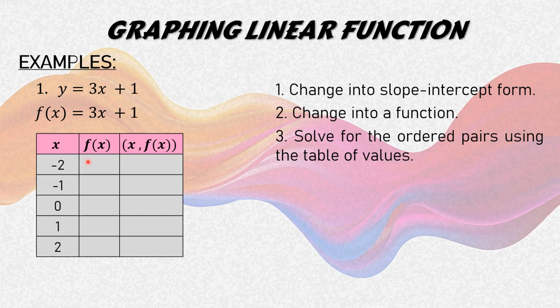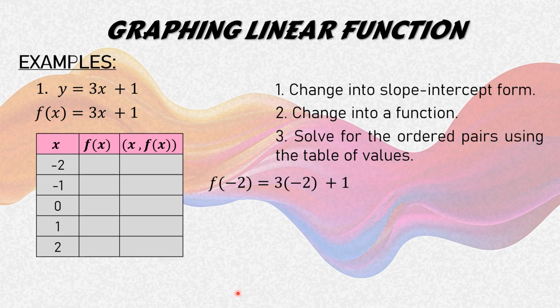So, para mahanap natin ang value ng f of x or yung value ng y, isa-substitute natin yung mga value ng x, sisimulan natin sa negative 2, dito sa ating equation. So, that is 3x plus 1. And then, yung makukuha nating value dito, pagtatabihin lang natin para makuha natin yung x, f of x, or yung ating xy ordered pair.